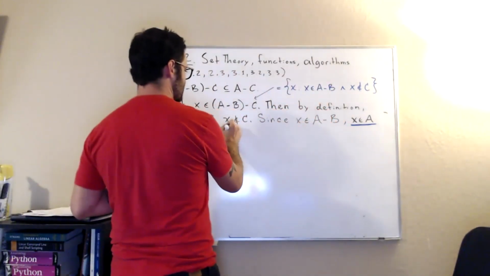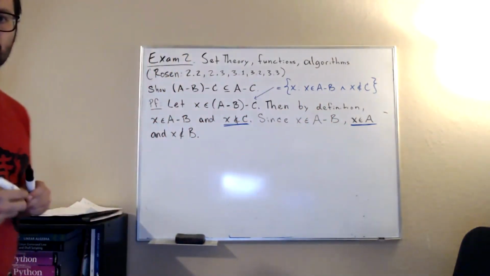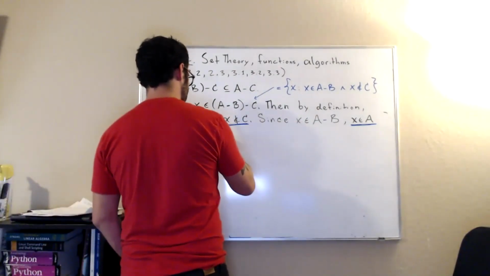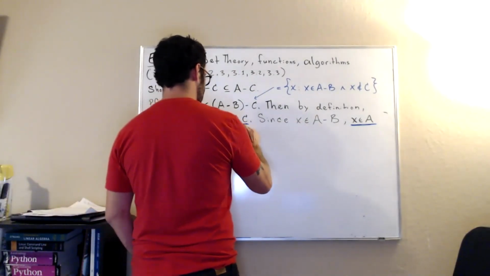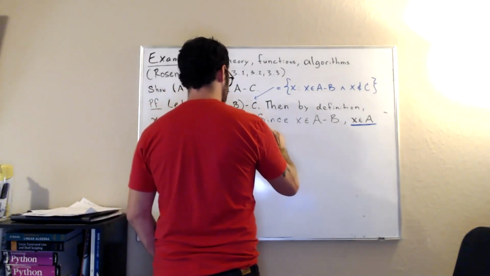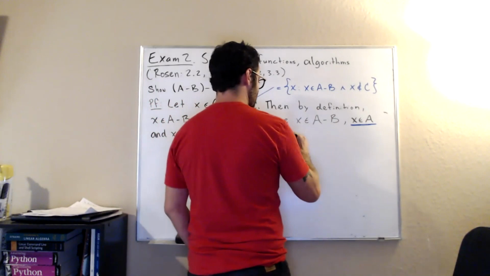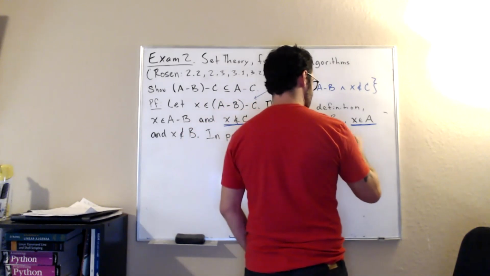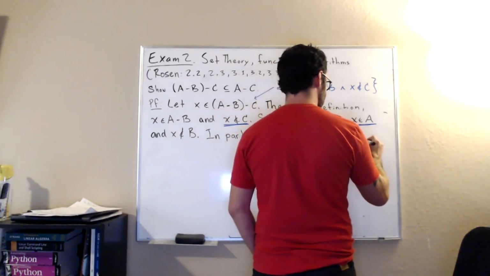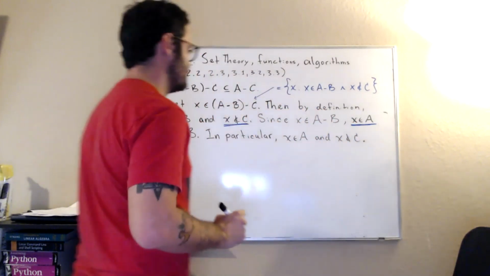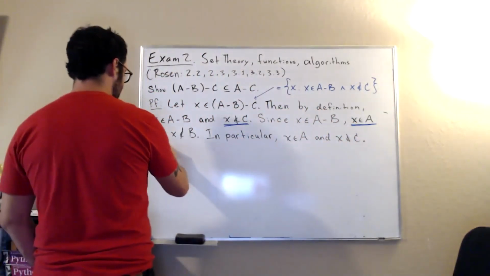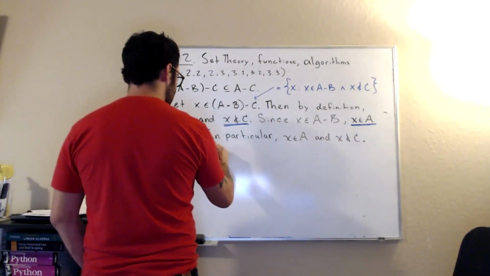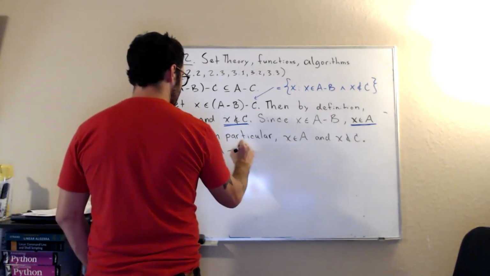And then also we know that x is not in C. So then we're almost done. So in particular, x is in A and x is not in C. Okay, so then hence, x is in A minus C.